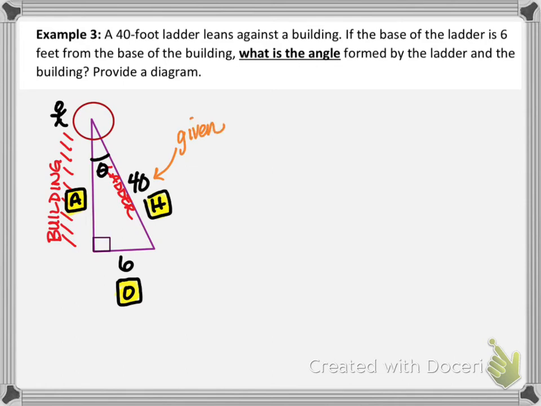I've been given a line segment of 6, and I'm being asked to find an angle. Okay, so looking at what has been given to us, does that help determine what our trig function is going to be? Well, it does.